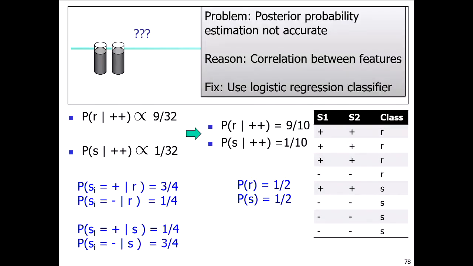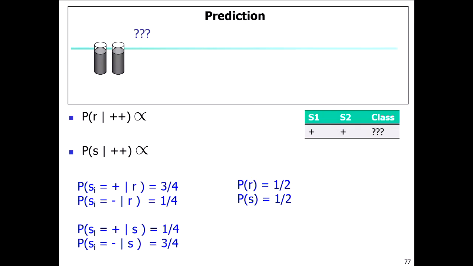Then when we want to compute the probability of R given S1 S2, it is the probability of R times the probability of plus given R times plus given R again.